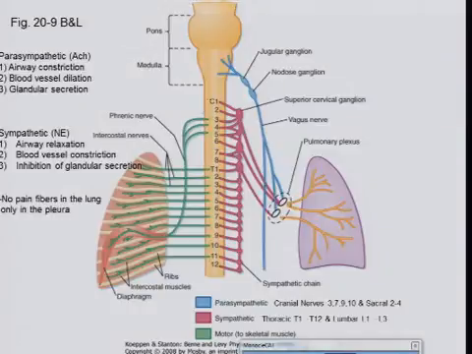It's going to be completely lost. Okay? So the only way that they'll be able to breathe is through mechanical ventilation. And I'm sure you can think of different examples of people who have been injured with upper spinal injuries where they have to be on a ventilator all the time because they cannot breathe. So they need mechanical ventilation.